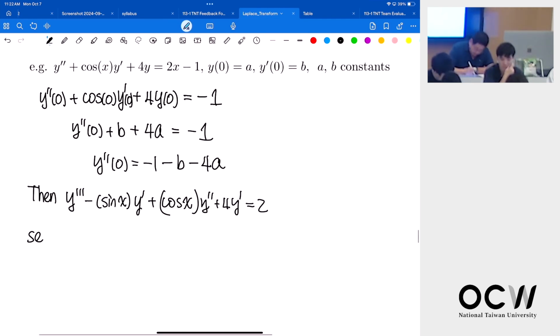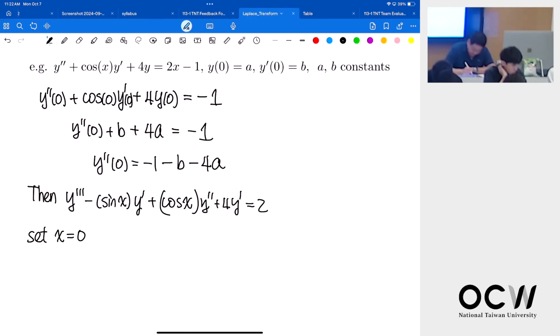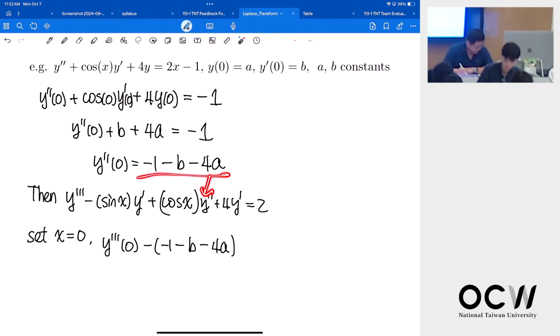Again, we set x equals 0 because we have the initial conditions at 0. Then we can plug in this information to our new differential equation. y triple prime of 0 minus 1 minus b minus 4a, because here cosine 0 is 1, and for y prime that will be plus 4b equals 2.